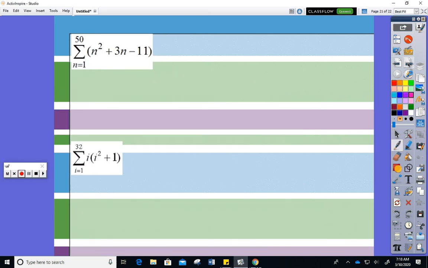And then we're going to do a couple of practice problems. Okay. So the first problem. The idea is, and I can go over this more fully, and if you want me to, just log on and we'll do it together on Zoom. But the idea is to say, well, let me break it down to where what I'm doing is breaking this into the sum of the first 50 perfect squares, and then 3 times the sum of the first 50 counting numbers.